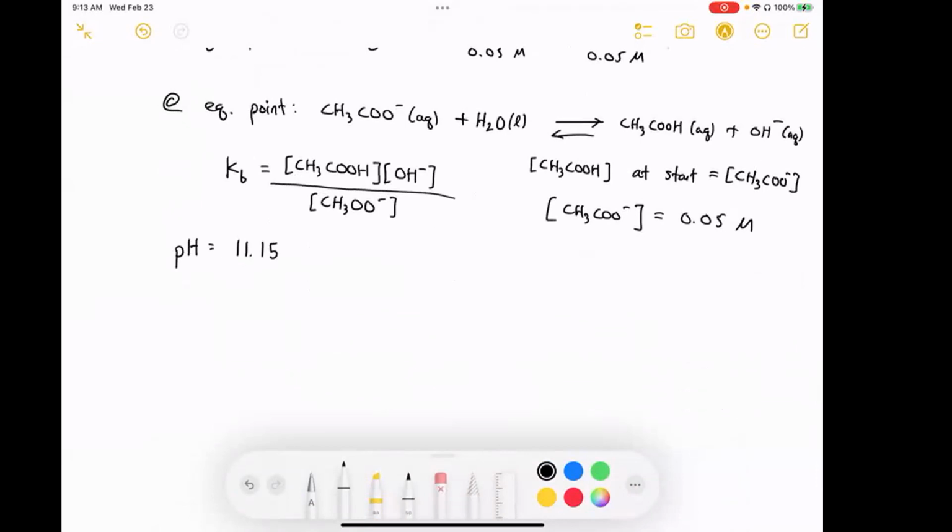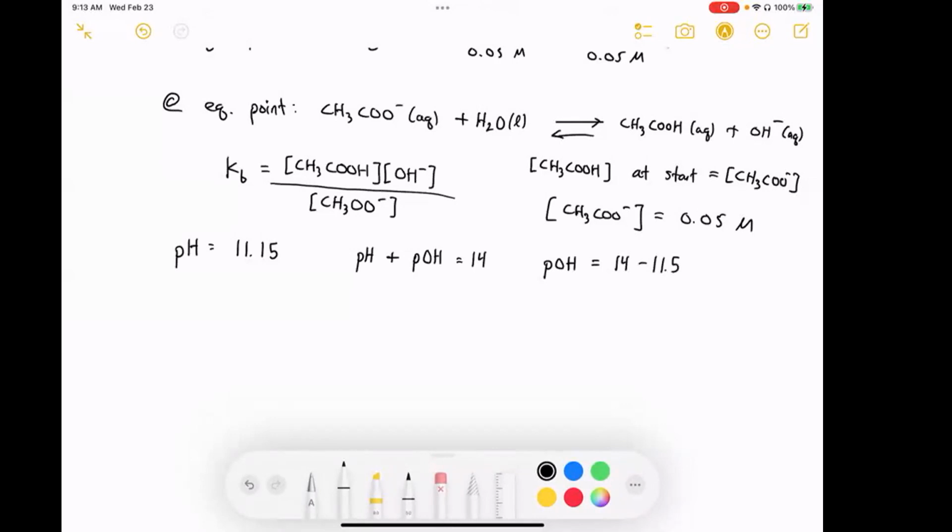11.15. Okay. So we know that pH plus pOH equals 14, right? So pH plus pOH equals 14. But to find the concentration of hydroxide ion, we need to know pOH. So pOH in this case will be 14 minus 11.5, and that's about 2.5, I believe.